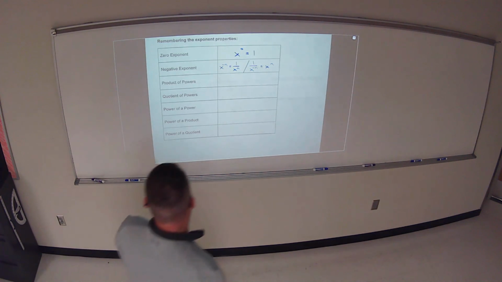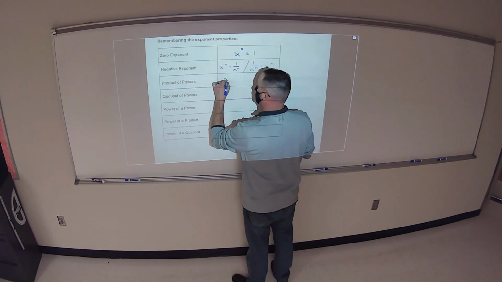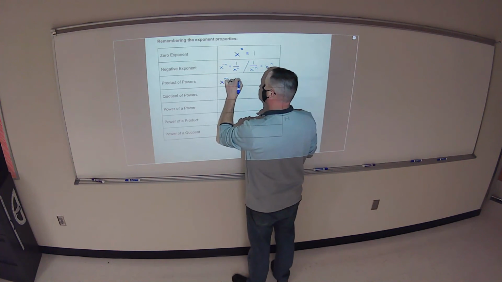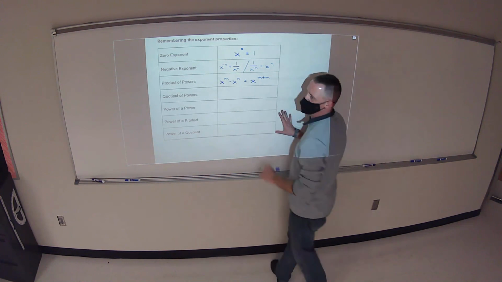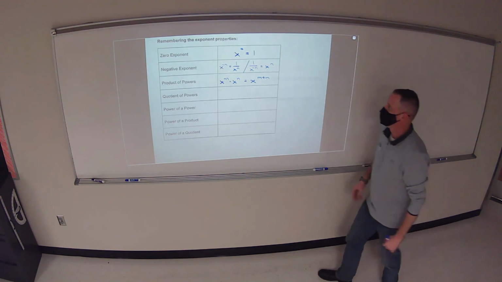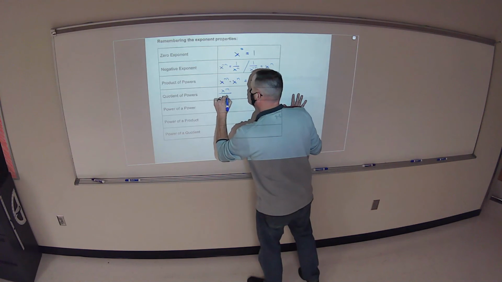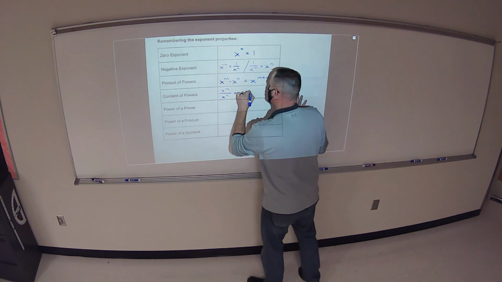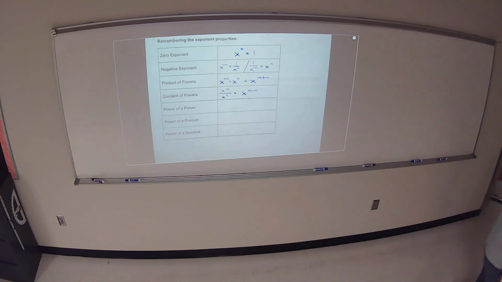Your product of powers says if I have x to the m times x to the n, this becomes x to the m plus n power. Your quotient, the first one we talked about today, says you can combine these if the bases are being divided, but you combine the exponents with subtraction.